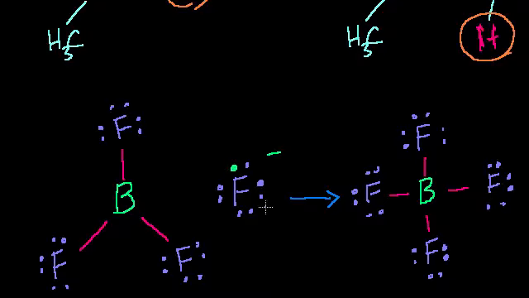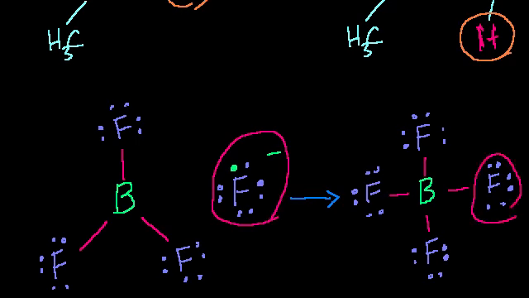In this situation, this fluoride anion can donate these two electrons to this boron complex right here.